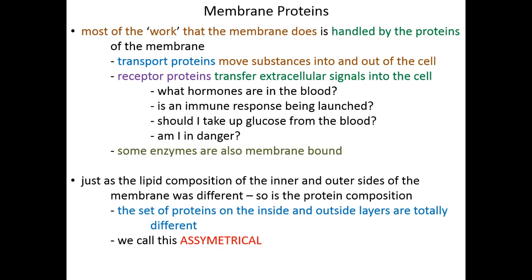We call this general principle asymmetry. Our membranes are asymmetrical. The inside face is different in the size of the head groups, as well as the composition of the proteins, as compared to the outer face of the membrane and the size of the head groups of those lipids and the composition of the proteins we find out there.